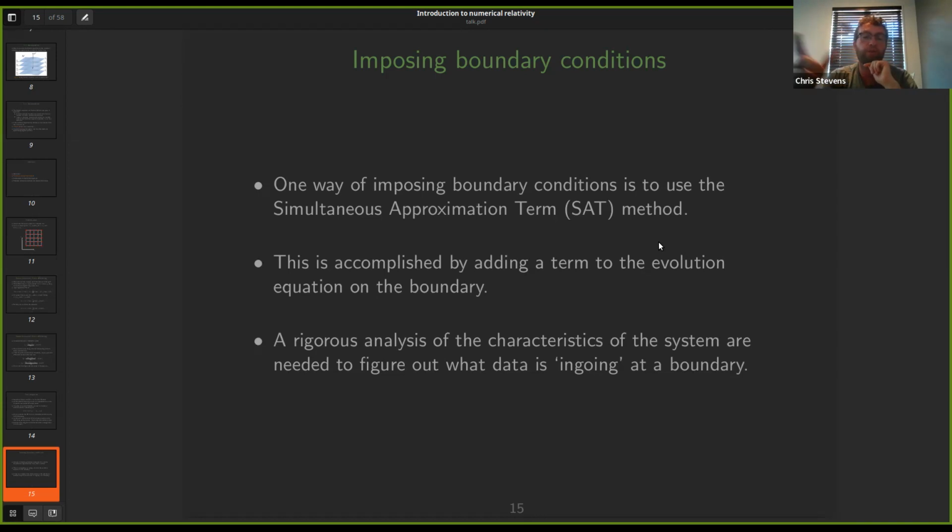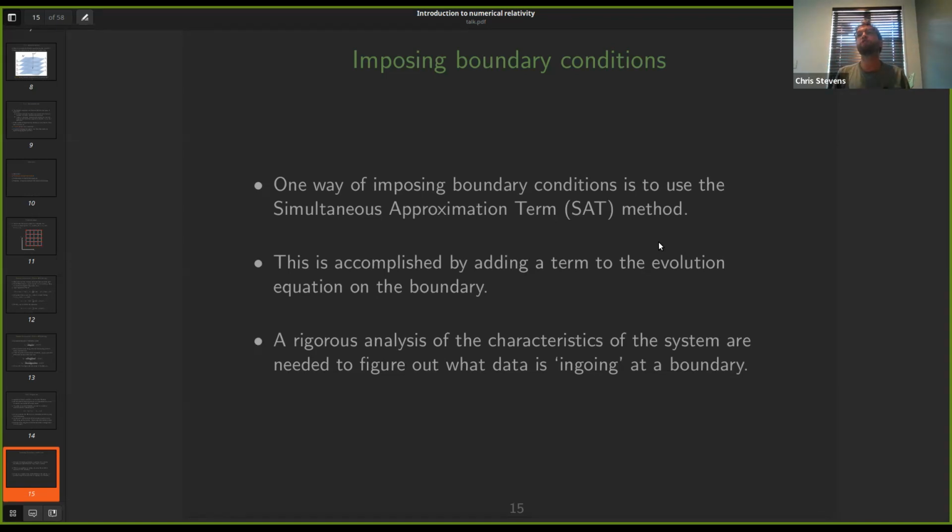You add a term into the evolution equation that's just changing the boundary point. It's quite involved, so I won't go into details, but it basically drives the variable towards the value you want through this modified evolution. So it's plugging boundary conditions into the system itself.